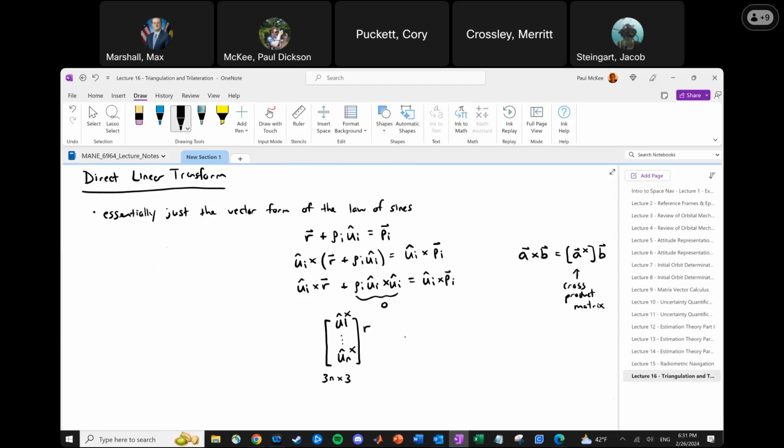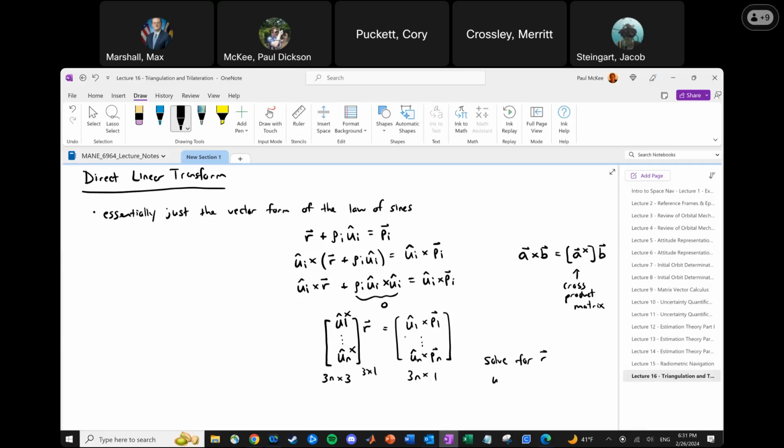And all of this times r is equal to u_1 crossed p_1 all the way to u_n crossed p_n, which is going to be a 3n by 1, right? Where r is a 3 by 1. So that all checks out. And we can take this problem and solve for r using least squares.